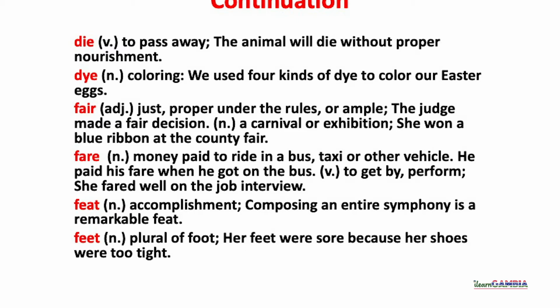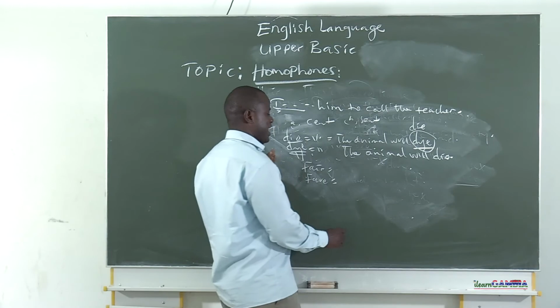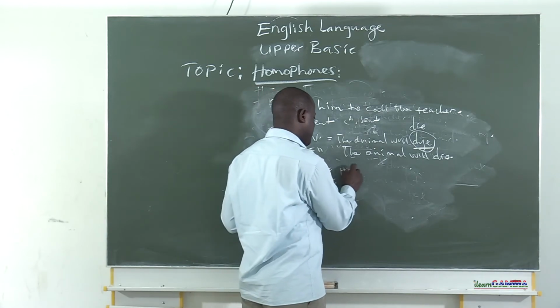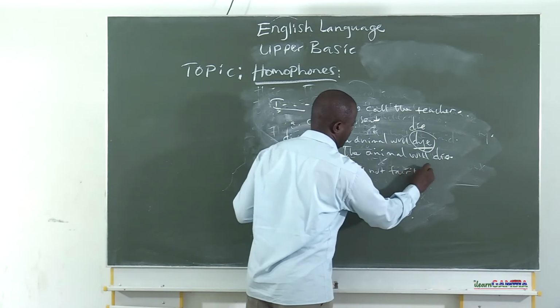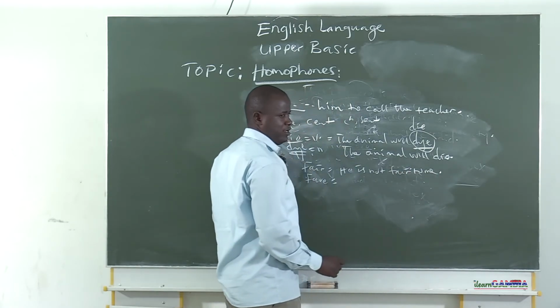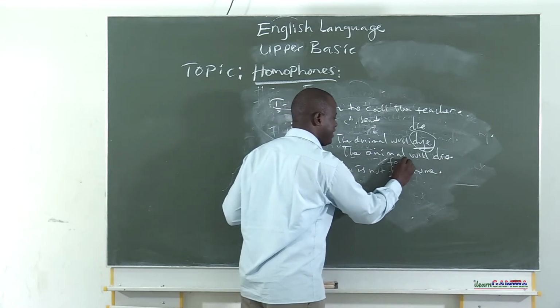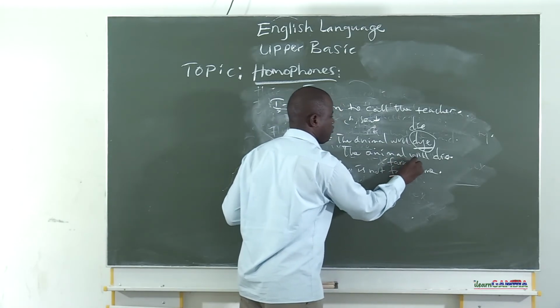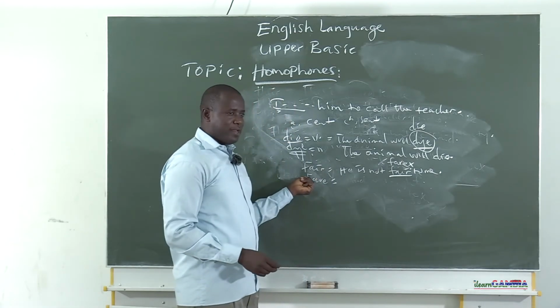Do we use them the same? No, because they have different meanings and different usage. You say, he is not fair to me. In that case, you cannot use F-A-R-E. It will be completely wrong. Good. When can we use this one?